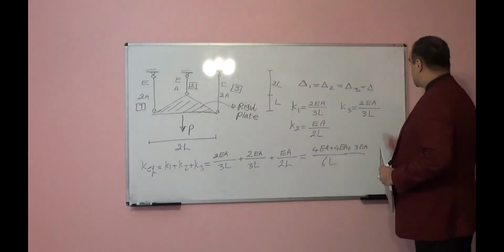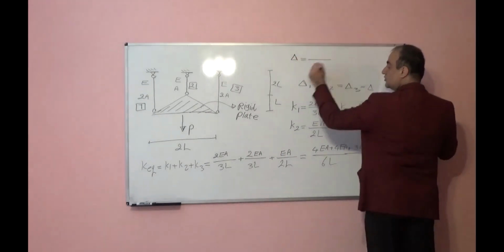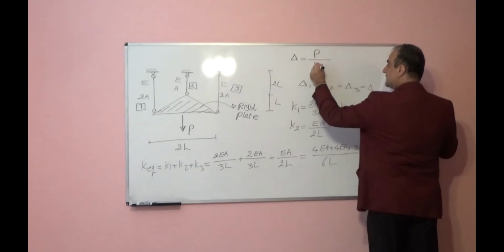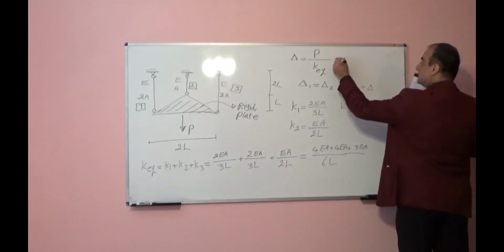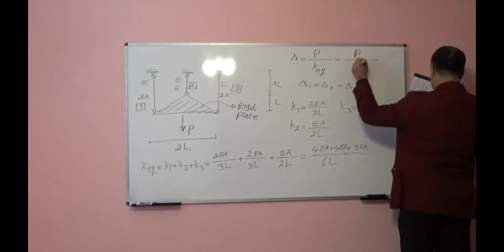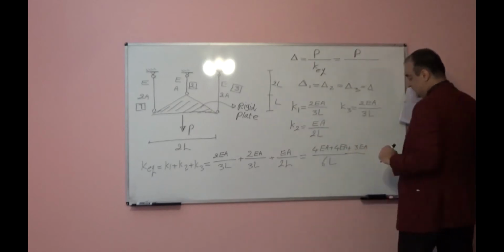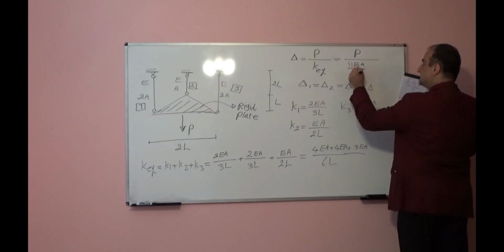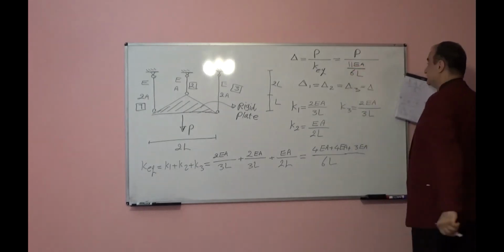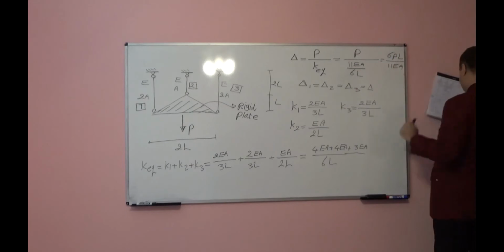So total deformation delta will be total force P divided by total stiffness, or equivalent stiffness. So deformation delta will be P divided by, this will be 8, this will be 11, EA over 6L, or I can write 6PL over 11EA.